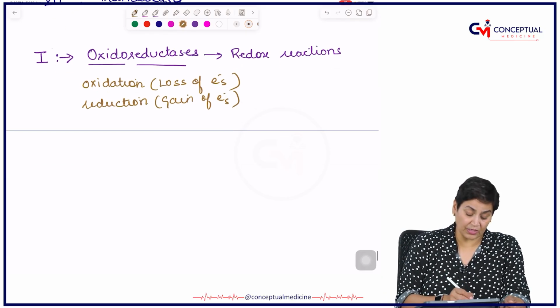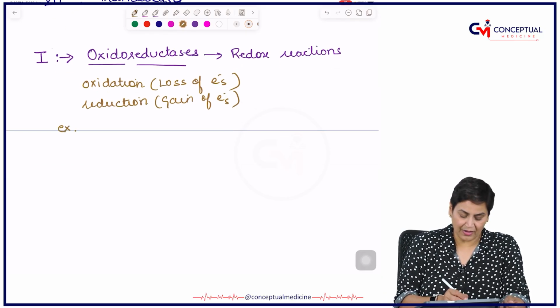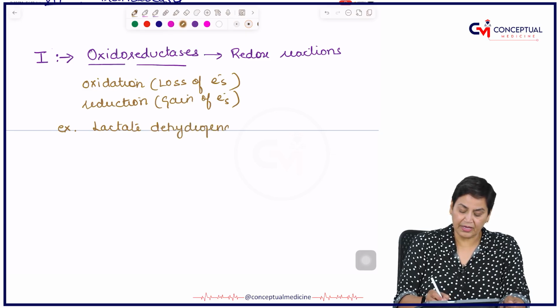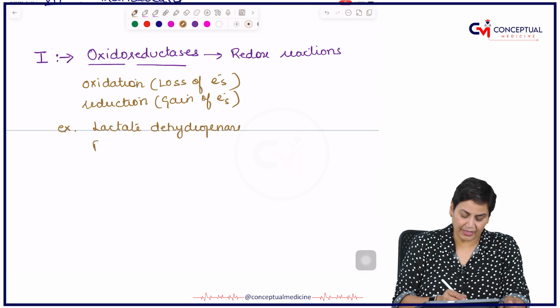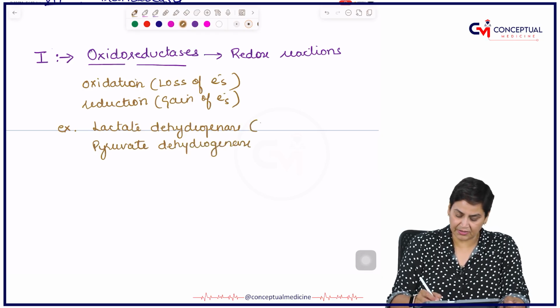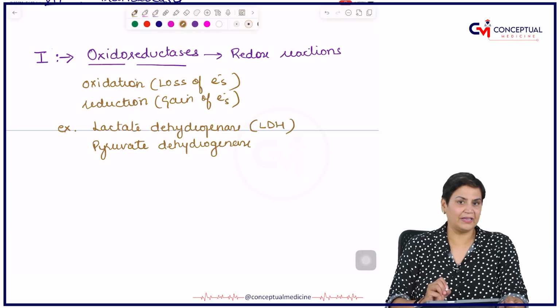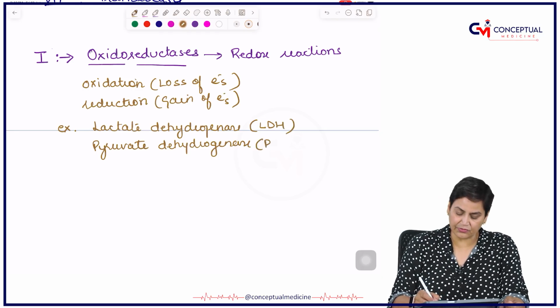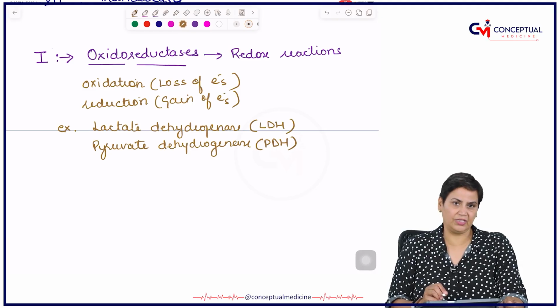And because without examples, this is not valid, the example is lactate dehydrogenase. Very important enzyme. Pyruvate dehydrogenase, again a very important enzyme. Commonly we call LDH for lactate dehydrogenase and PDH for pyruvate dehydrogenase.